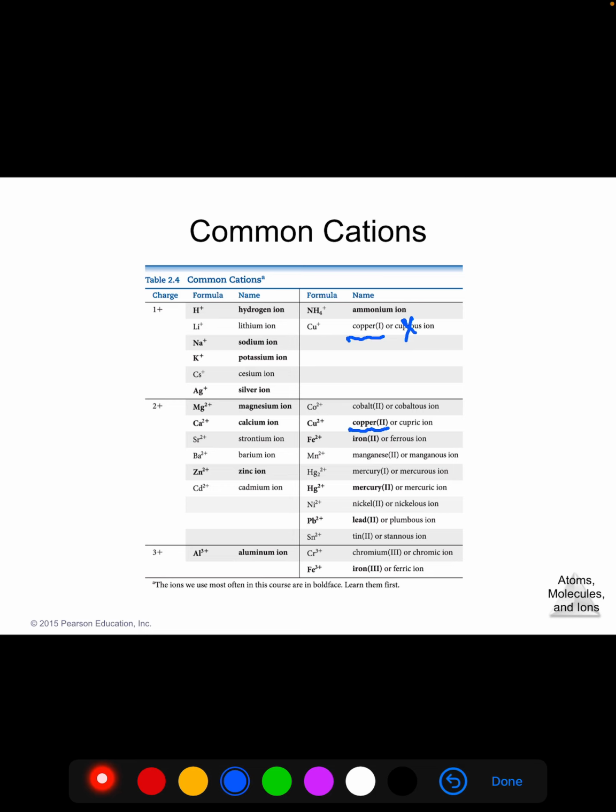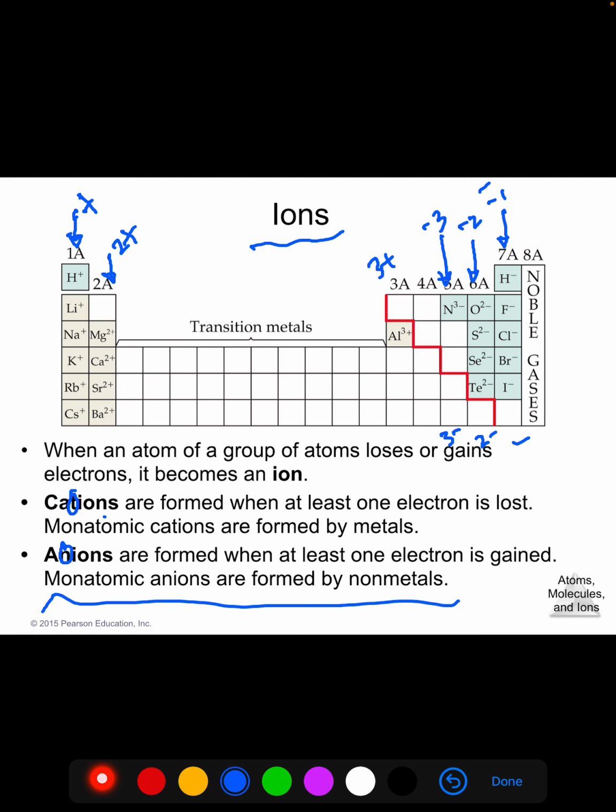So some metals, especially the transition metals, tend to have multiple ionic forms, okay, in here. Some of the others over here, lead and mercury, for example, lead for sure, I want to say, have multiple forms as well.